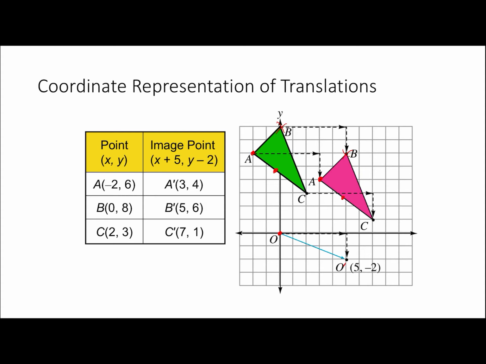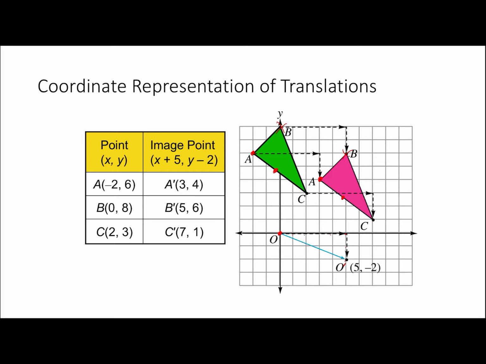Well, I would move right 1, 2, 3, 4, 5 units and down 2 units. And so that new ordered pair is (5, -2). So if I add 5 to each x coordinate and subtract 2 from each y coordinate, then I should be able to move each vertex the same distance.